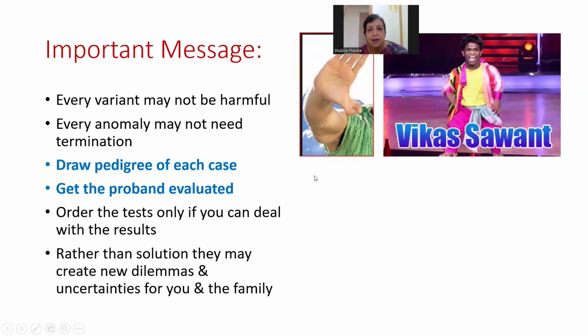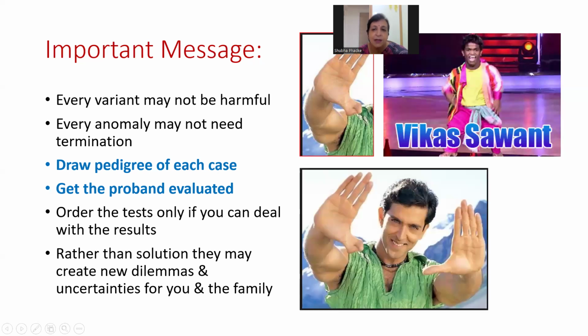If you see ultrasonographically any finger abnormalities and terminate, you may lose very, very talented human beings from coming to the world. So draw the pedigree of each case, get the proband evaluated, and order the test only if you can interpret the results or deal with the results, explain the results to the family, because such multi-targeted exome sequencing data may provide solutions, but they also can sometimes create dilemmas.